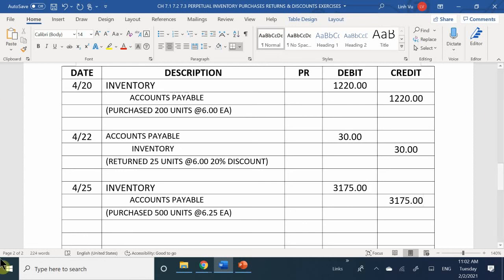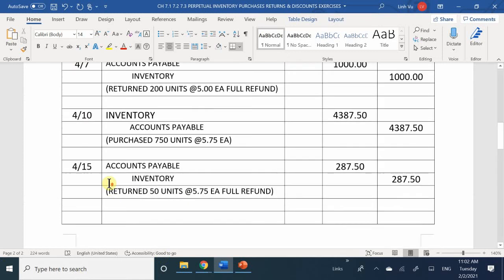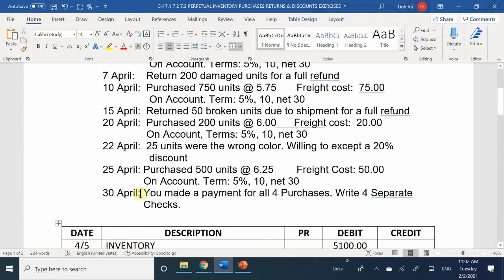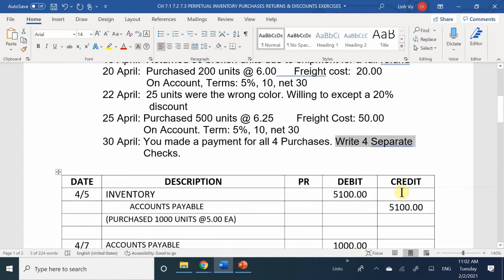Okay. All right. And then last but not least, you're going to make a payment. You made a payment for all 4 purchases, write 4 separate checks. Because we're writing 4 separate checks, let's go ahead and recognize the first one.